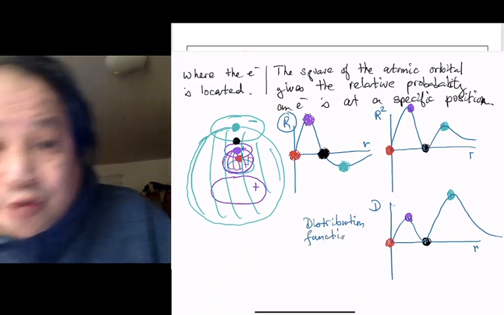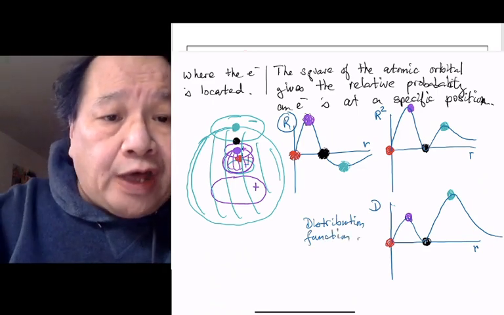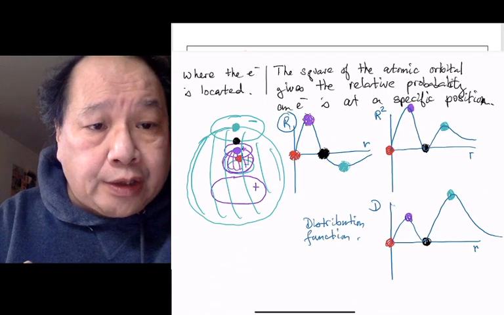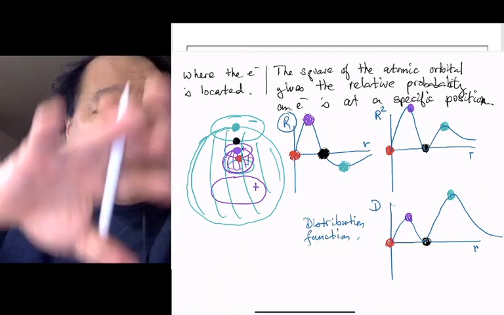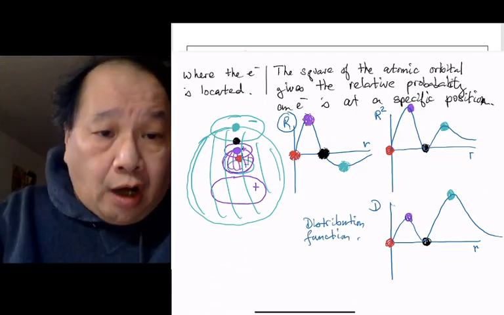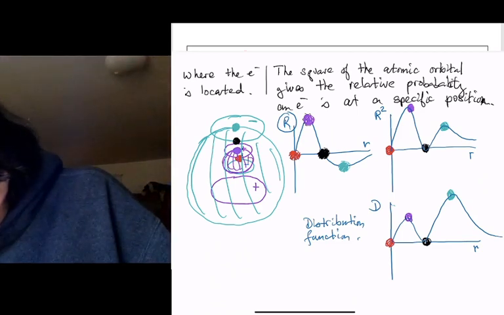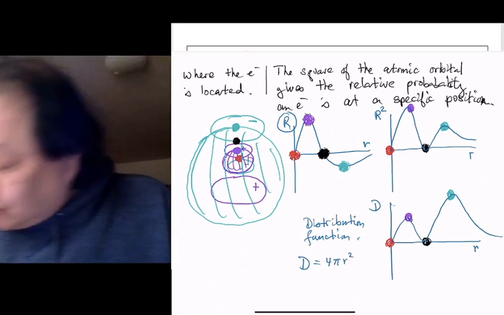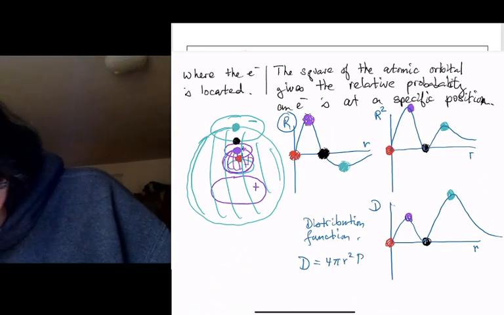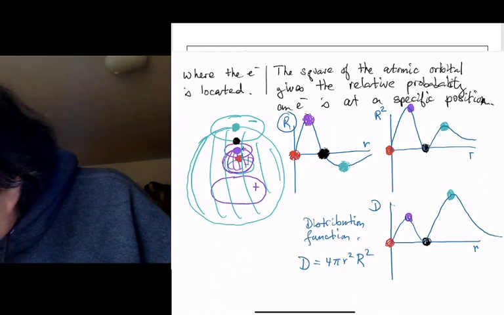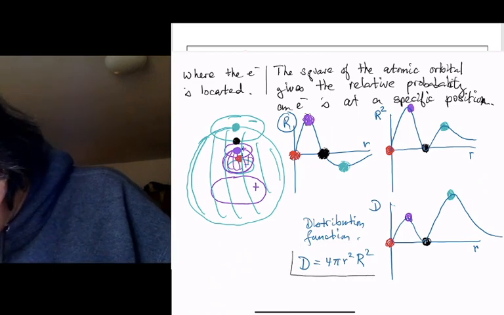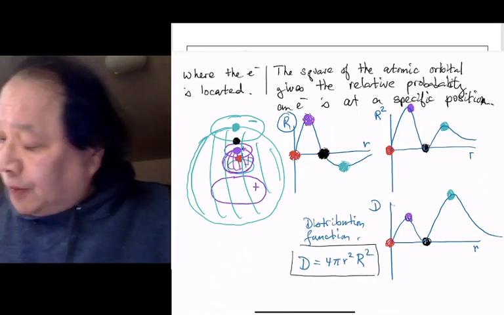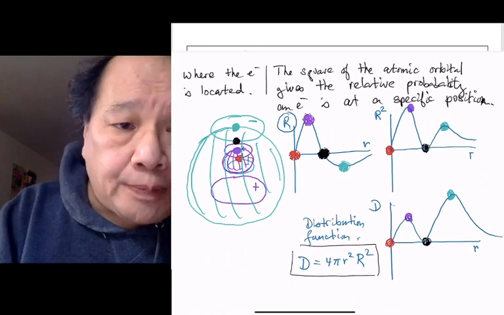The distribution function takes the value of capital R squared and weights it by the area of the sphere. So the distribution function is equal to 4 pi little r squared, that's the surface area of a sphere, times capital R squared. So there is capital R squared, and capital D.